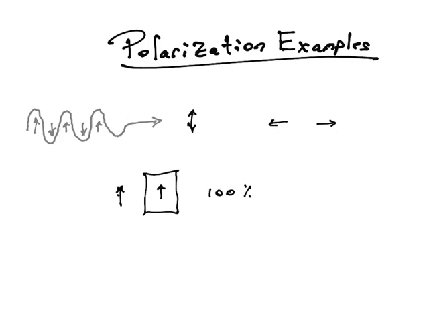So if the light is up and the polarizing filter is up, then all the light can get through. Whereas if light polarized upwards tries to go through a filter that's polarized horizontally, then none of the light will get through. It's all blocked because 100% of the light is polarized up, and only the light which is polarized horizontally can get through.